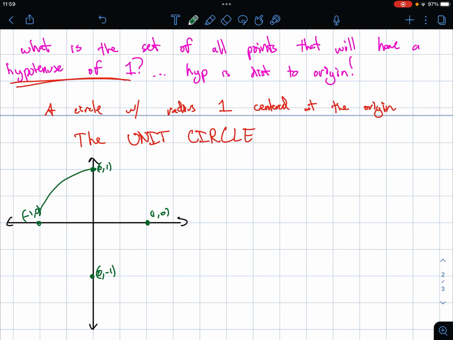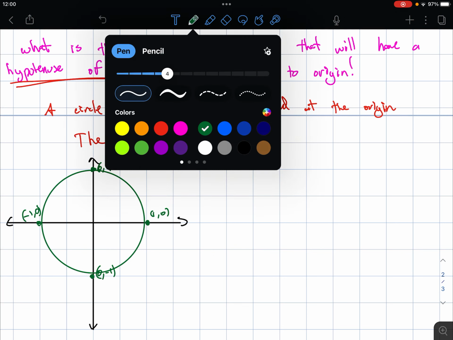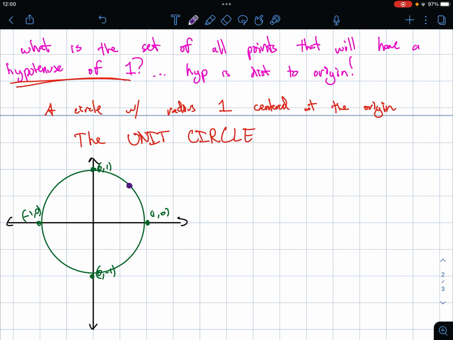Let's try again. Did not think I was very close to a circle, huh? There we go. Okay, so here's my unit circle. And so any point, if I go ahead, let's go purple, I put some point here, x, y, I'm guaranteed to have a hypotenuse of 1. If I put some other coordinate here, x, y, I'm guaranteed to be a distance of 1, right? No matter where I go, I'm always going to be 1 away from the origin.